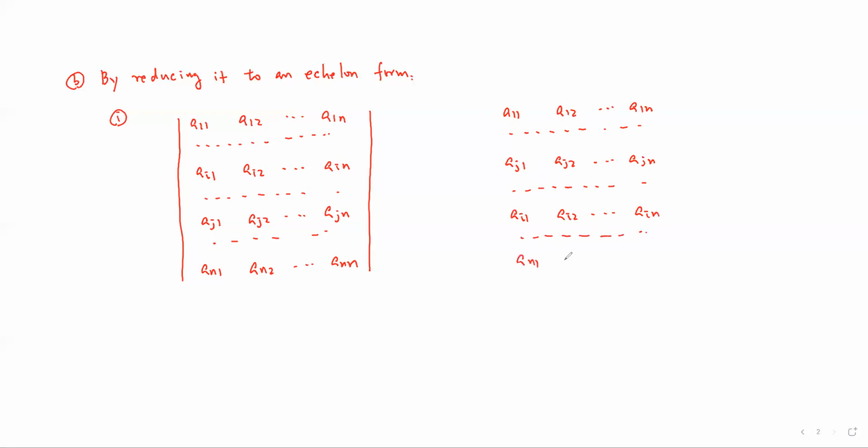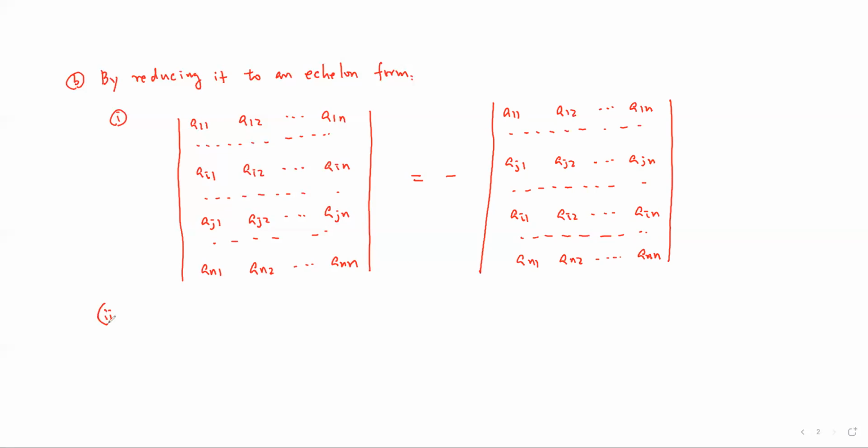The last row is still a_n1, a_n2, up to a_nn, determinant. What is the relation between these two numbers? Add a minus sign. When you interchange two rows, add a minus sign. This is formula 1.